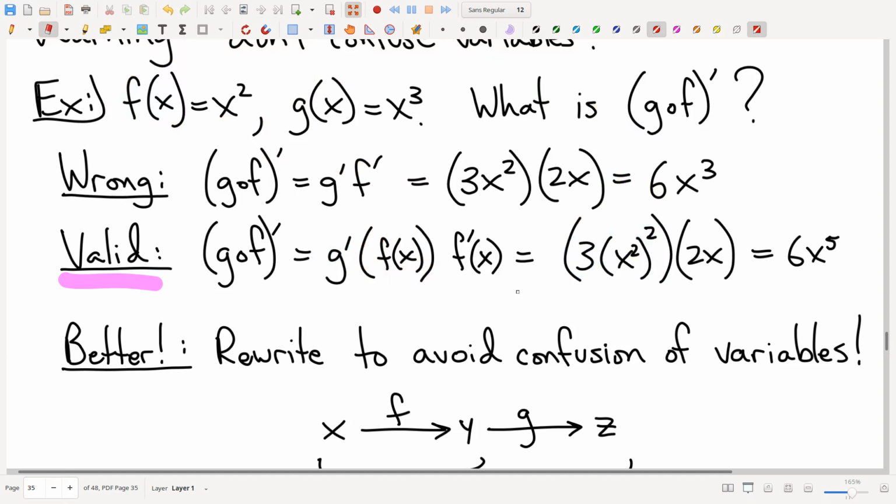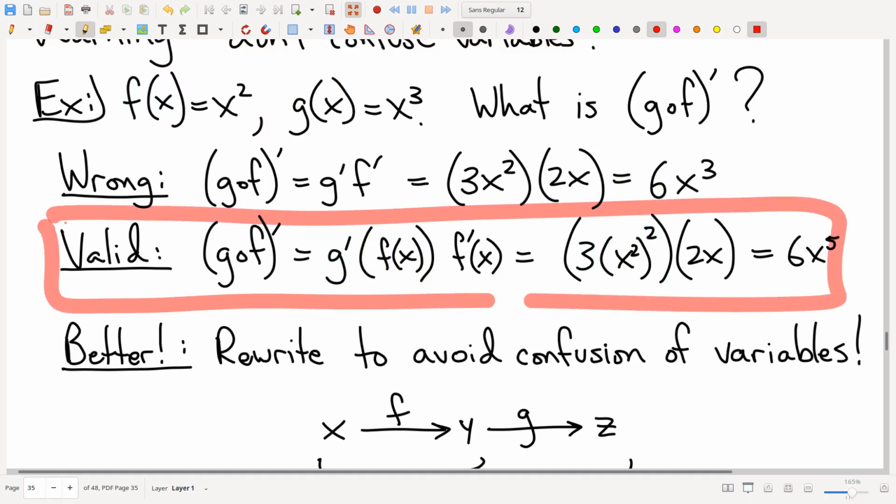I point out, this is just an opinion now, but I think even this computation is a bad idea. This relies on the student to remember that x is playing different roles in different parts of the question. In this context, x has to be the thing that goes into f.